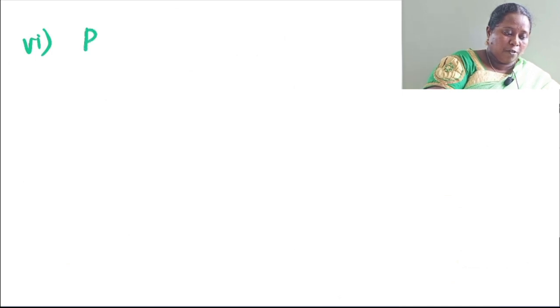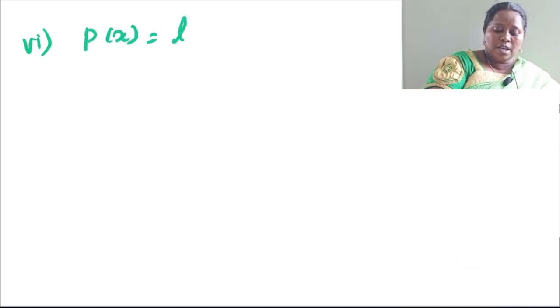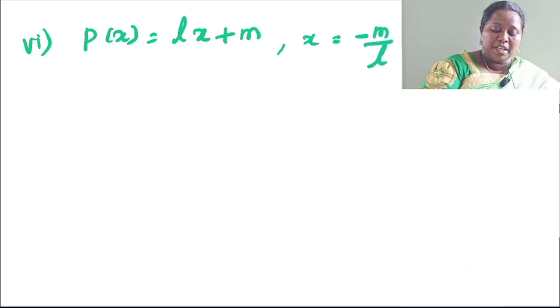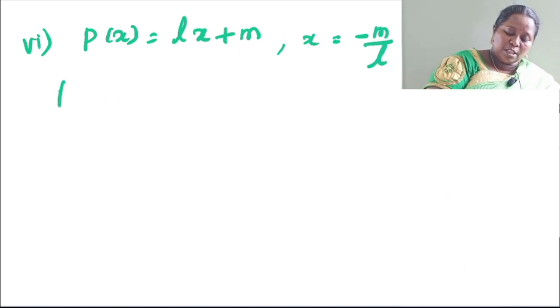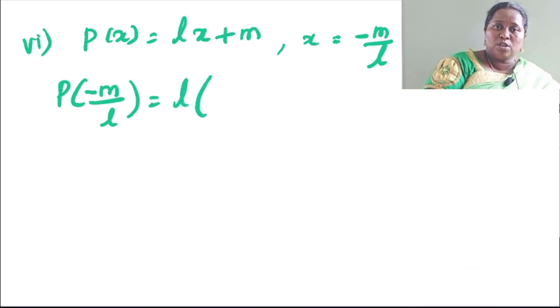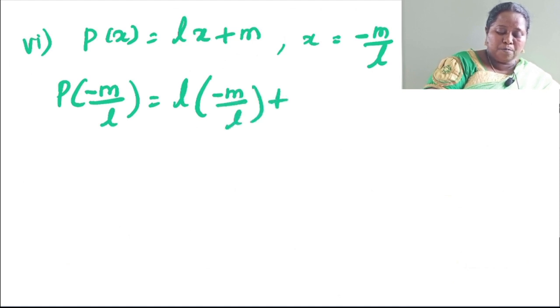Next sum. Sixth sum, p of x is equal to Lx plus m, where the value of x is equal to minus m by L. When I substitute minus m by L instead of x, I will get L into minus m by L plus m.